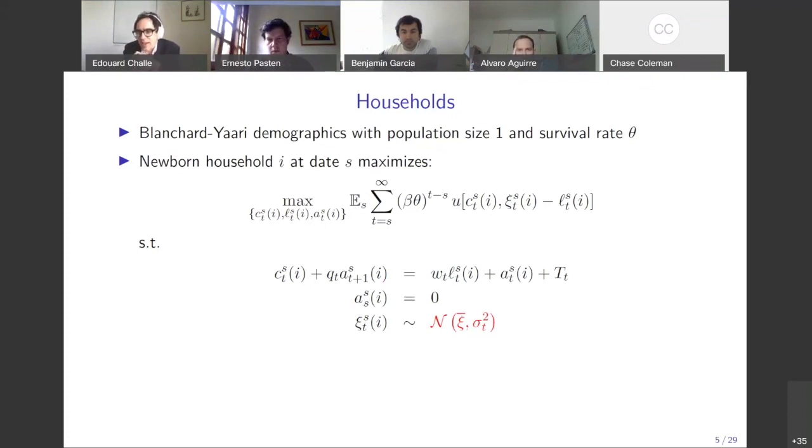And L_S,T is the labor supply of this agent. So agents are subject to this idiosyncratic shock, and they're going to adjust their labor supply and their consumption demand in response to those shocks.